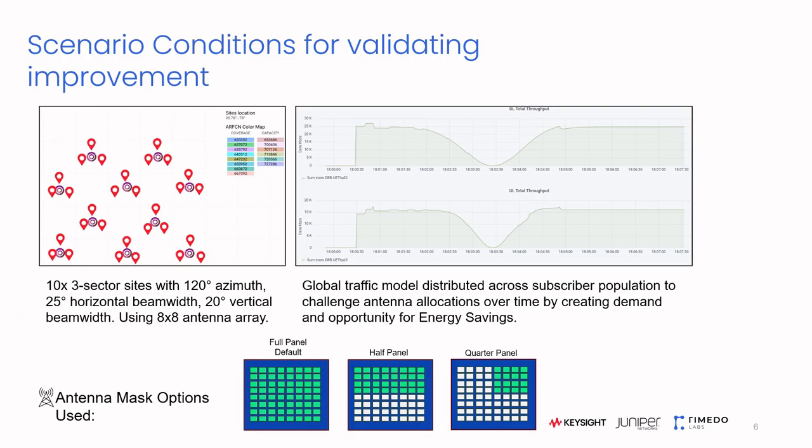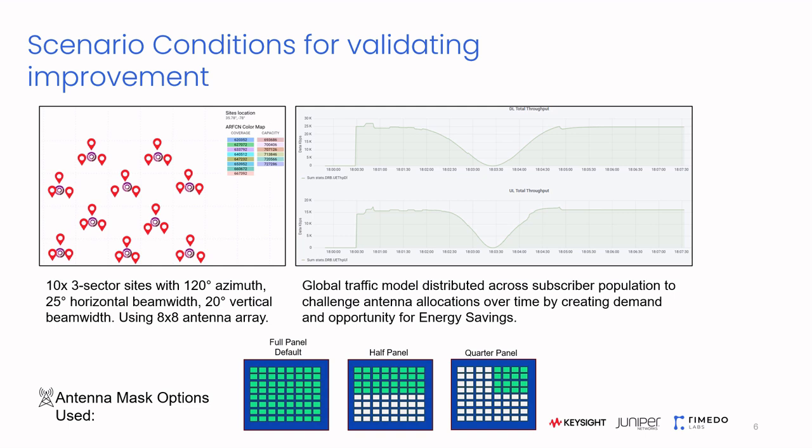The scenario conditions for validating improvement brought by the xApp are described here. There will be 10 3-sector sites in the RAN simulation using Massive MIMO with 8x8 antenna arrays. A global traffic model is distributed across the subscriber population that creates demand and also opportunity for energy savings.